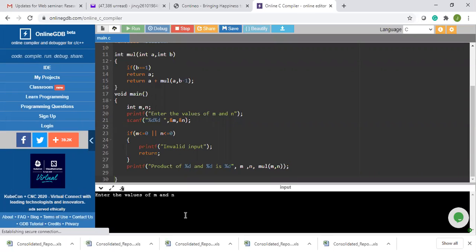So we'll be having the output like this. It is asking to enter the values of m and n. We're going to put 4 because we have already seen the example, 4 for m and 3 for n. Let's see the answer.